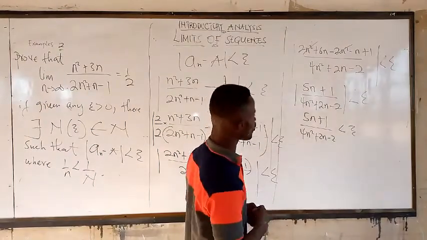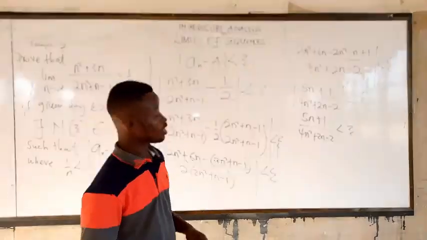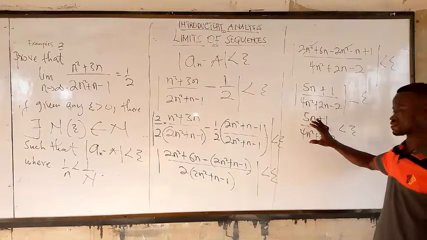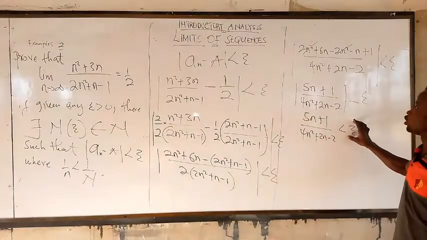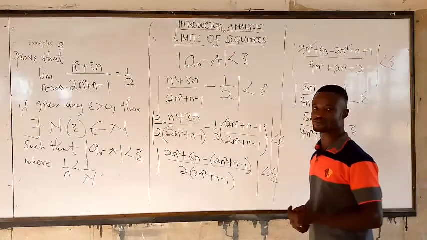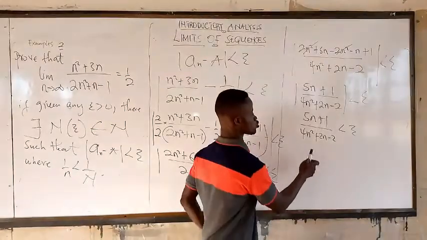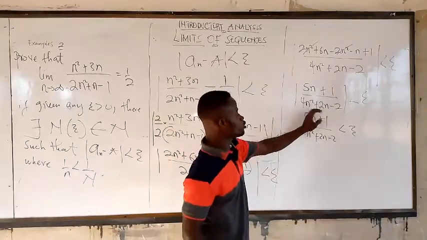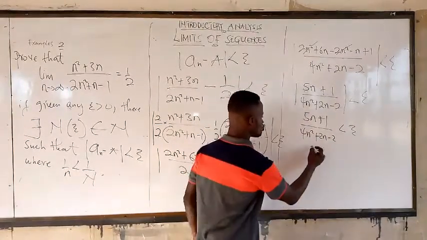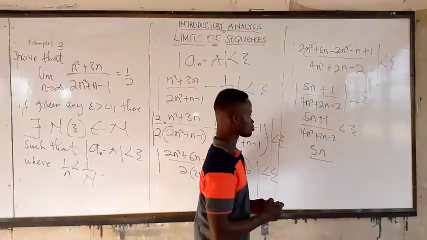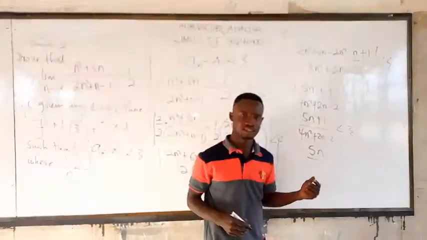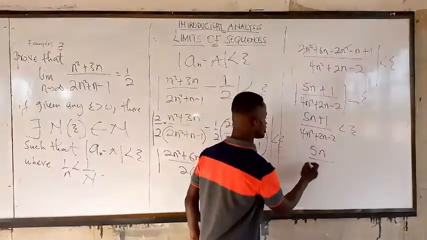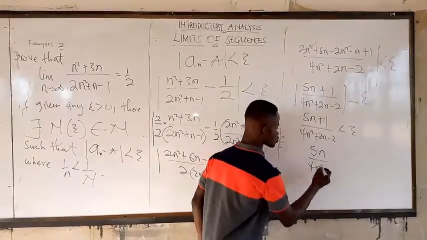Alright. Now, here, in the same way, for epsilon to be greater than this sequence, then we have to reduce this and reduce this. So we reduce the whole numerator to be 5n over, and also reduce the denominator to be 4n squared.